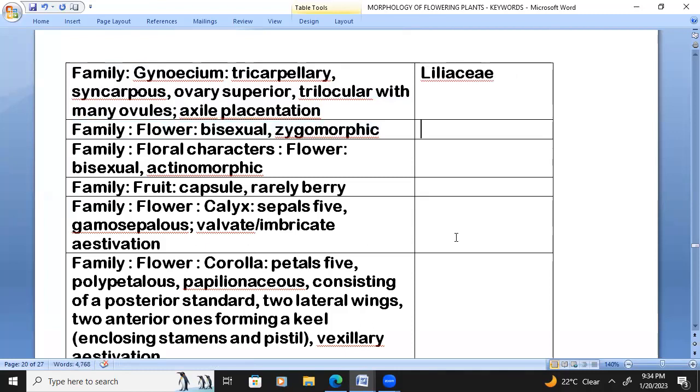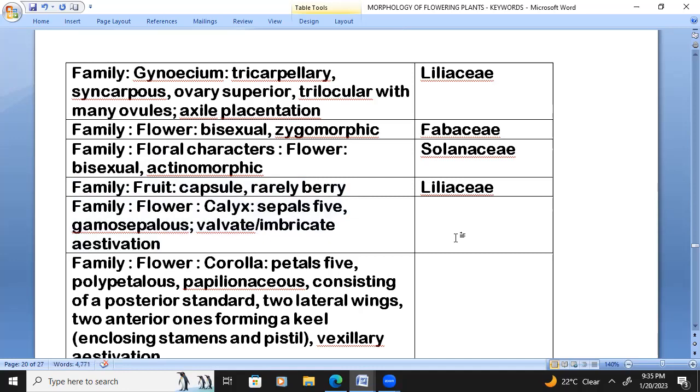Flower bisexual, zygomorphic, Fabaceae. Bisexual, actinomorphic, Solanaceae. Fruit capsule, rarely berry, Liliaceae.